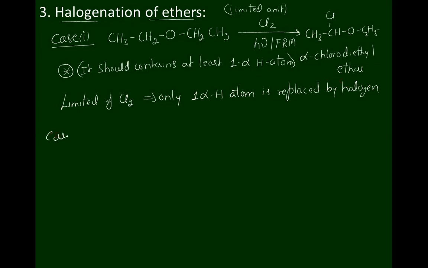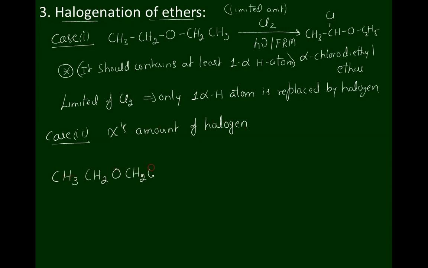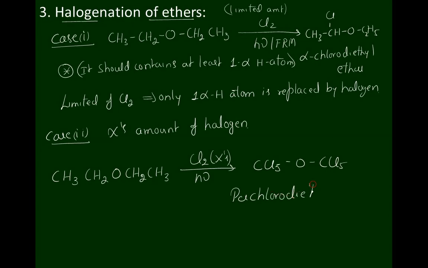Case 2. If I use an excess amount of halogen, then we will see CH3CH2OCH2CH3, diethyl ether, treated with an excess amount of chlorine in the presence of diffuse sunlight. We get CCl3CCl2OCCl2CCl3, perchloro diethyl ether.